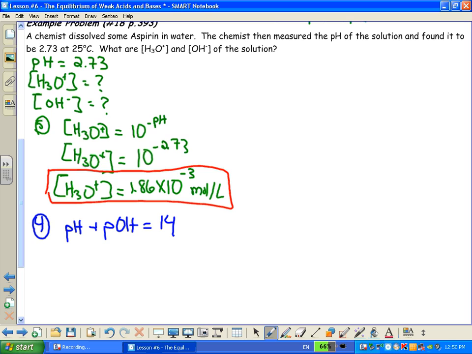If we know that our pH is 2.73, we can substitute that in. And now we can solve for pOH. So we bring the 2.73 to the other side, so it'd be 14 minus 2.73, and you'd end up with a pOH of 11.27.